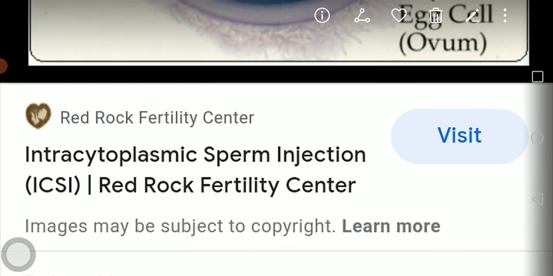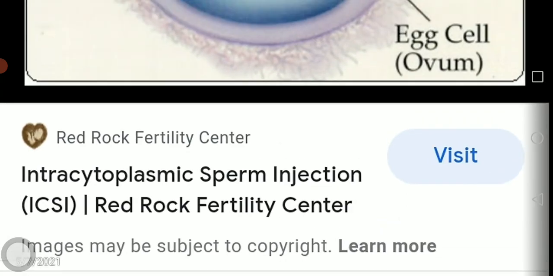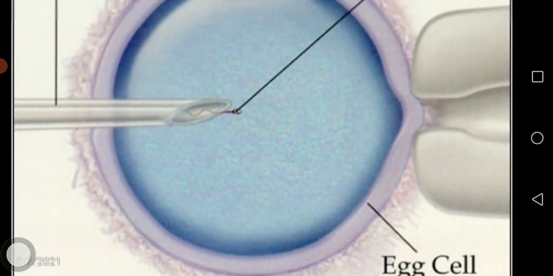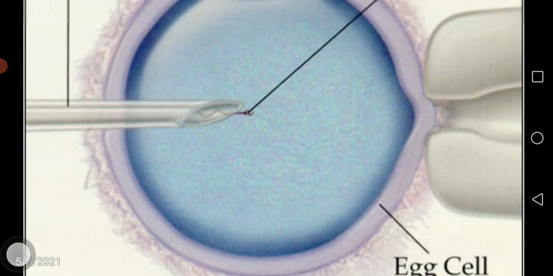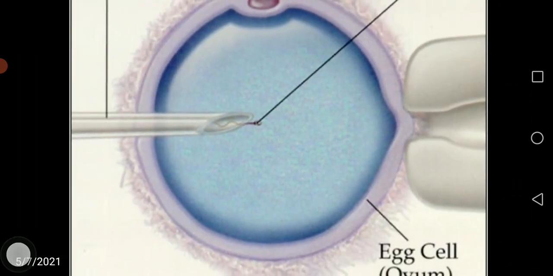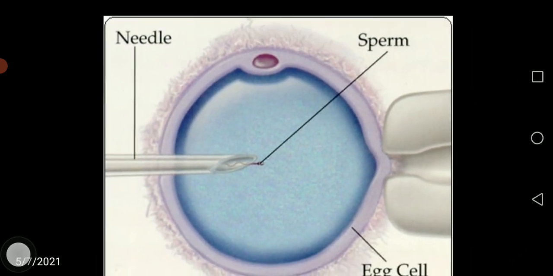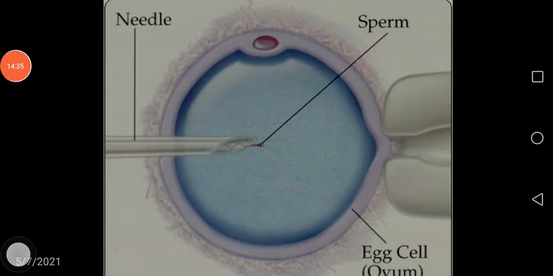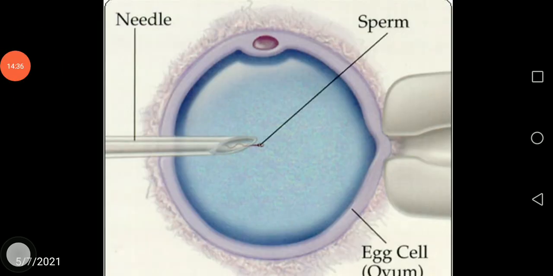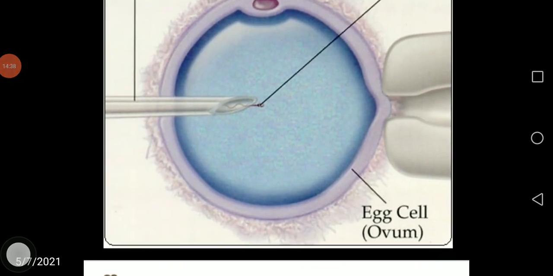Then ICSI. I'll show you this picture so you can understand better. Here is a diagram of the ZIFT procedure. This is the 8 blastomere stage. Can you find it?